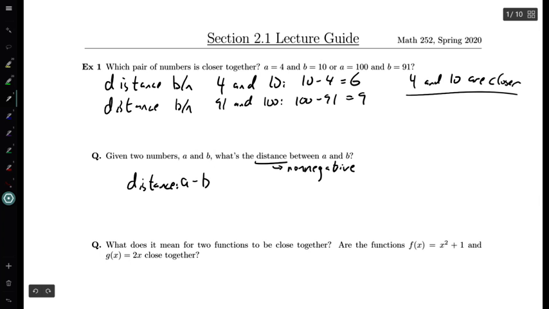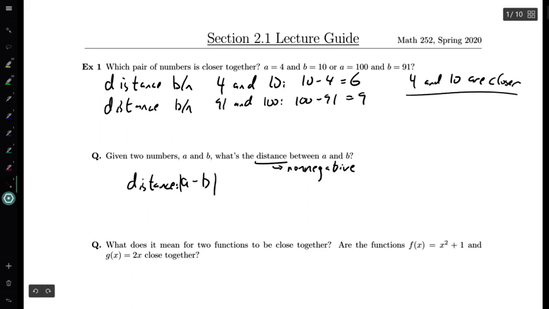Maybe we should write that instead. Because two things can have distance 0 from each other, certainly if they're the same thing. So we want to look at a minus b, but we want to make sure that the answer is non-negative. And the way that we're going to do that is we're going to take the absolute value of a minus b. This guarantees that the result that we get is the same as if we had taken the larger one minus the smaller one.